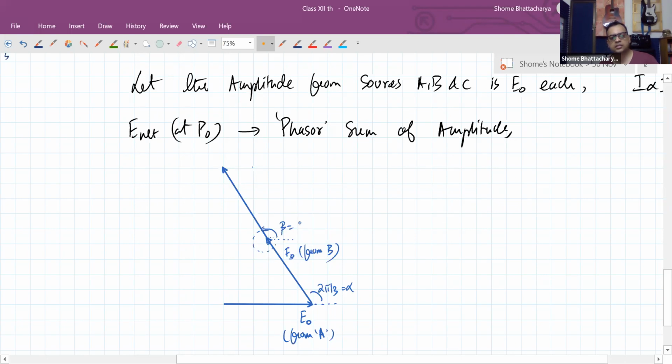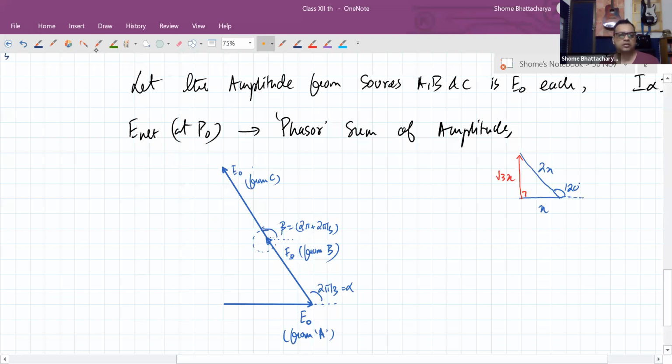So beta is 2 pi plus 2 pi by 3. So this is from the source C. Okay, so you can see that it is that sort of triangle, with sides x, 2x and 120 degrees. Okay, so this sort of thing will happen.